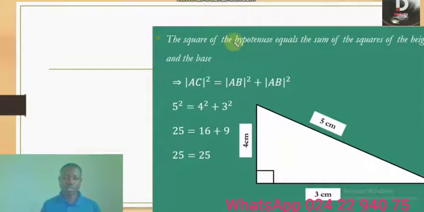Okay, so at this stage, the next property. We have talked about SOHCAHTOA and how to write it and apply it. Now, the Pythagorean triple.